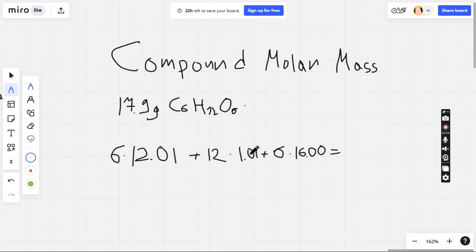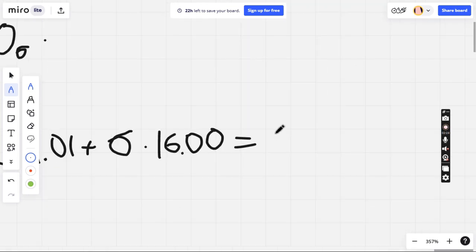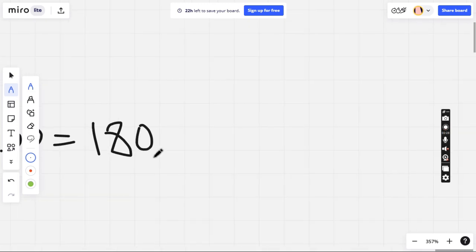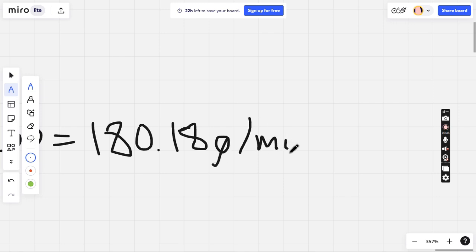6 times 12.01 is 72.06. Then that plus 12 times 1.01 gives 84.18, and then that again plus 16 times 6. And in the end, you will get 180.18 grams per mole.